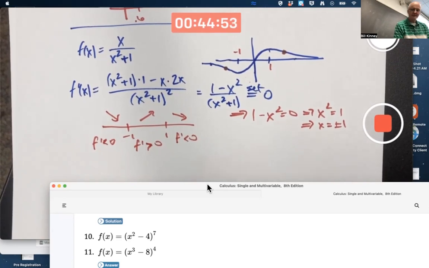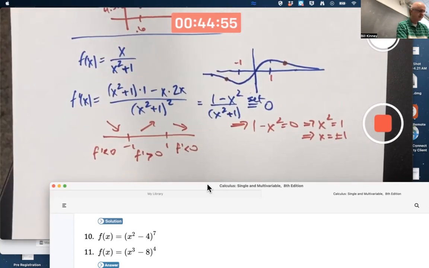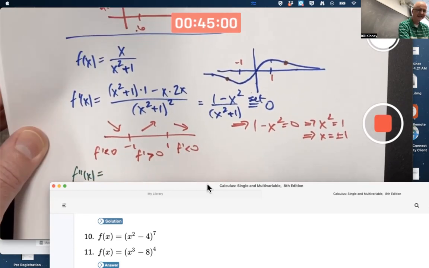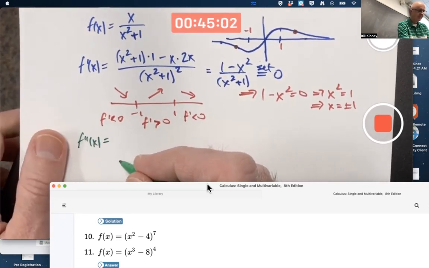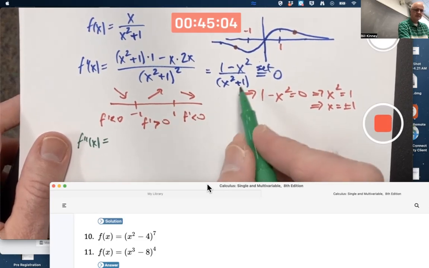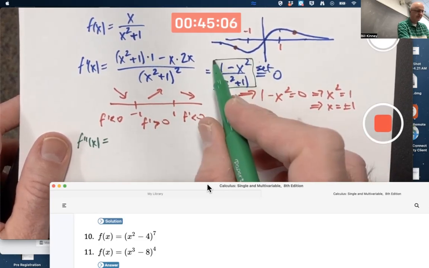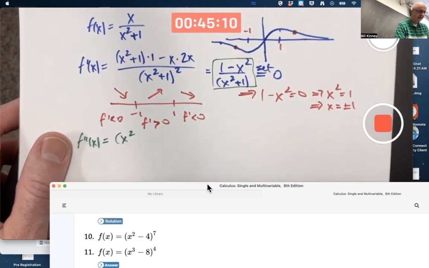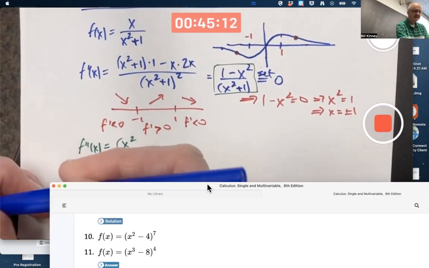Where are the inflection points? I've got to find the second derivative and figure out where it changes sign. Go here, take the derivative of that with the quotient rule. Low. Oops, I forgot to square the bottom, didn't I? Sorry.